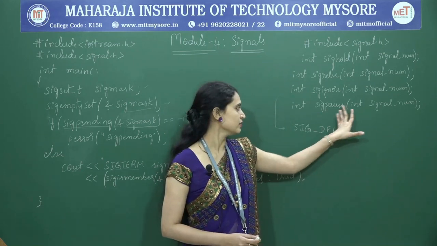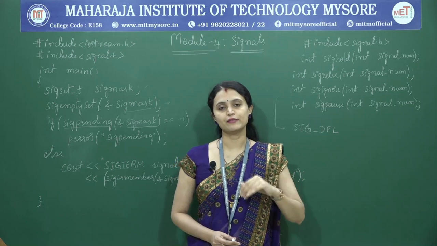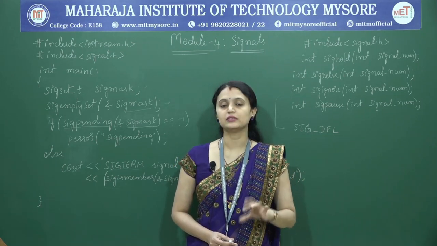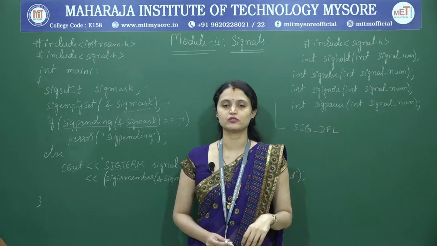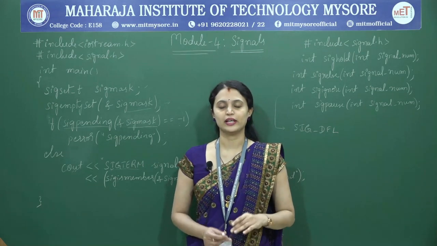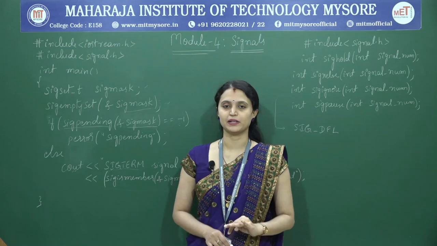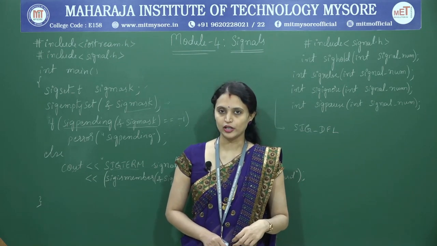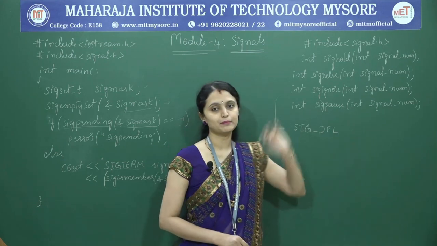So this will execute the user defined signal handler function, and the current execution of the process will be suspended. The execution of the process will be suspended until it gets an interruption from the signal, okay. So that is about the SIGPAUSE API.